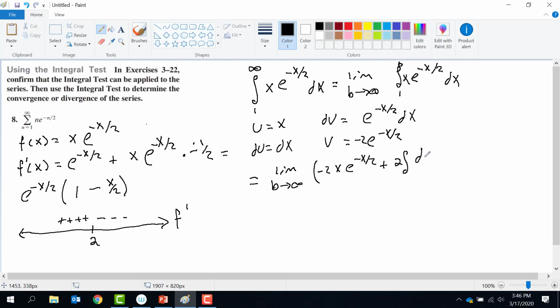So plus 2 times the integral of v du, which will just be e to the negative x over 2 dx.